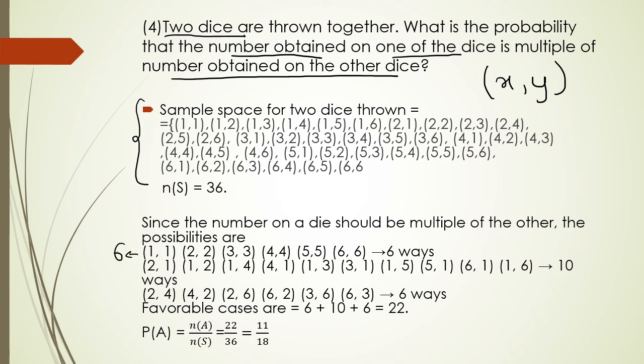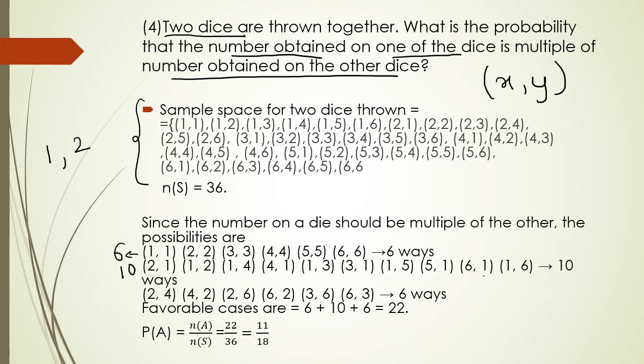For the second one, if I'm taking the number 1 and the other is 2, 1 will always be a multiple of any other number. So 1, 2, 2, 1, same 1, 3, 3, 1, 1, 4, 4, 1, 1, 5, 5, 1, 1, 6 and 6, 1. So that would be a total of 10 possibilities.